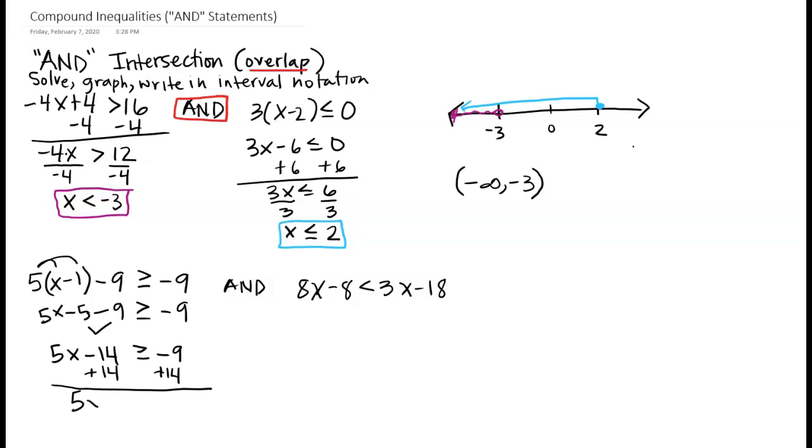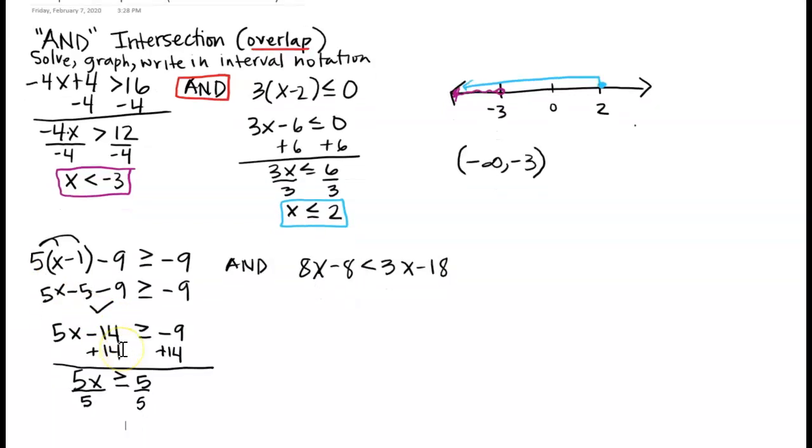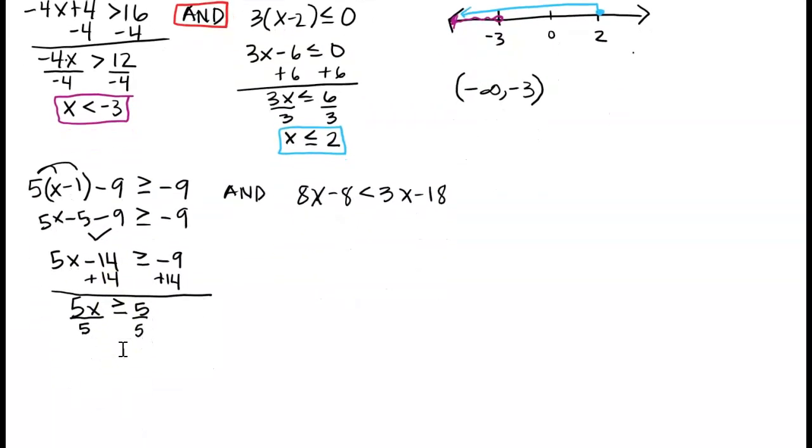So we have 5x on the left side is greater than or equal to 5 on the right side. It's connected by multiplication, so let's undo that by dividing by 5. And so that means we'll end up with x is greater than or equal to 1.